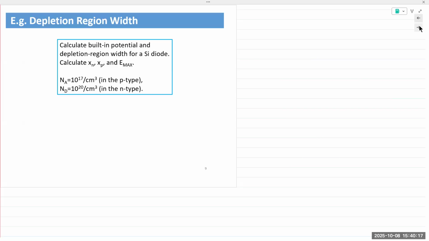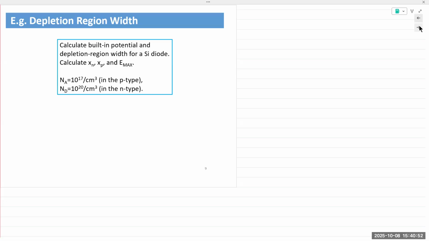The doping profile is given to us. Na is 10^17 atoms per centimeter cube, and Nd, donor atoms, is 10^20. Now, in the problem statement here, because you're doing this the first time, I have it in brackets saying whether it's P type or N type. But even if I didn't state it explicitly, the assumption would be that acceptor atoms create a P-type material, and donor atoms create an N-type material.